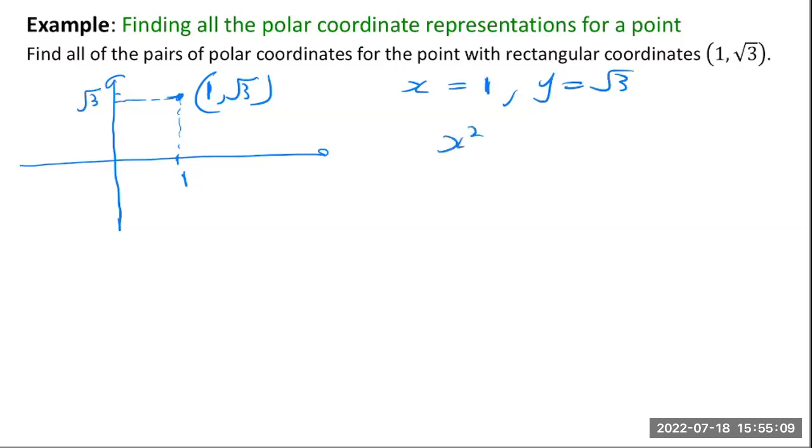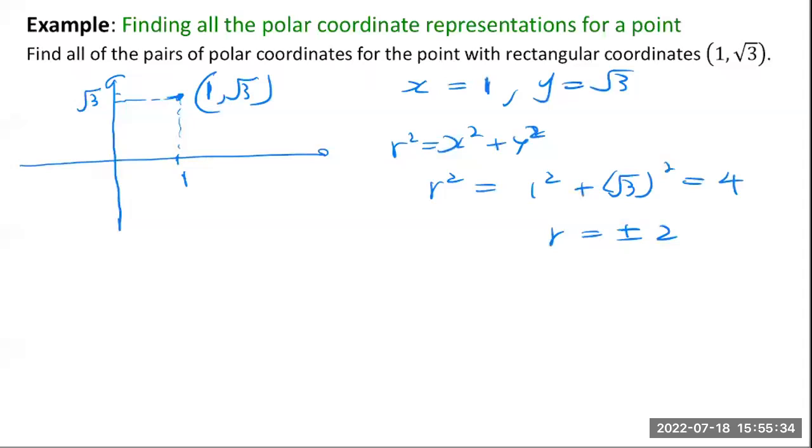Then r squared is x squared plus y squared, that will give us 1 squared plus square root of 3 squared, which is 4. So r is plus or minus 2. Either r can be plus 2 or minus 2.